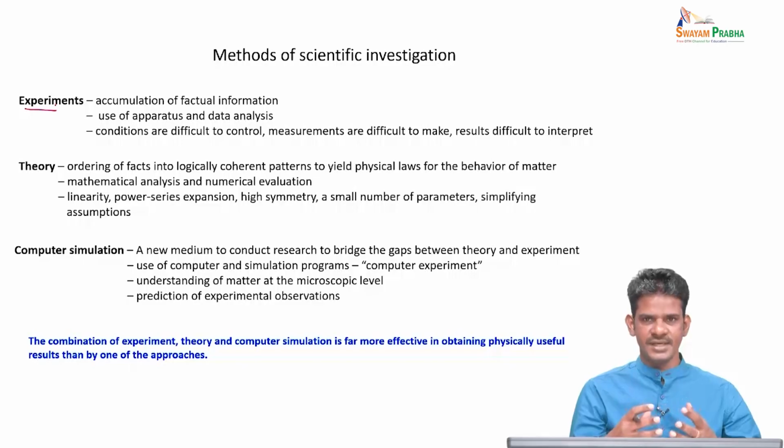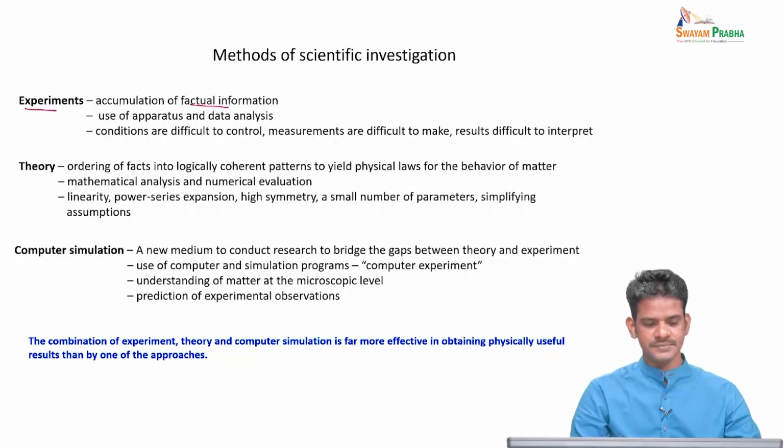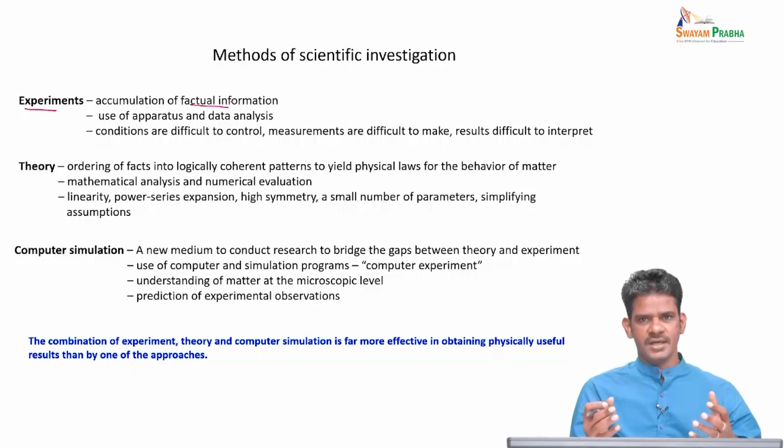Using various analytical techniques and instruments, you can collect factual information of the system. So doing experiments means observing the system's response when you change certain variables, and then you collect all this information. So this is one way of studying a system scientifically.